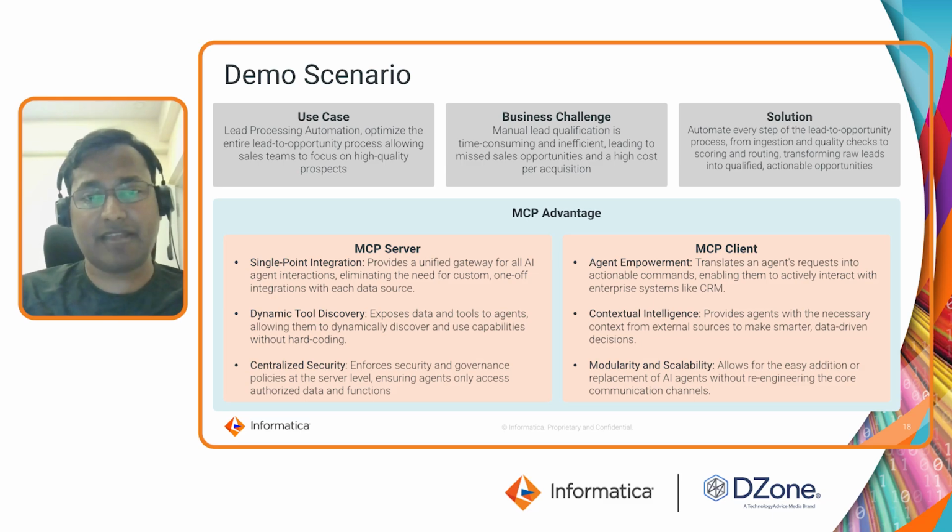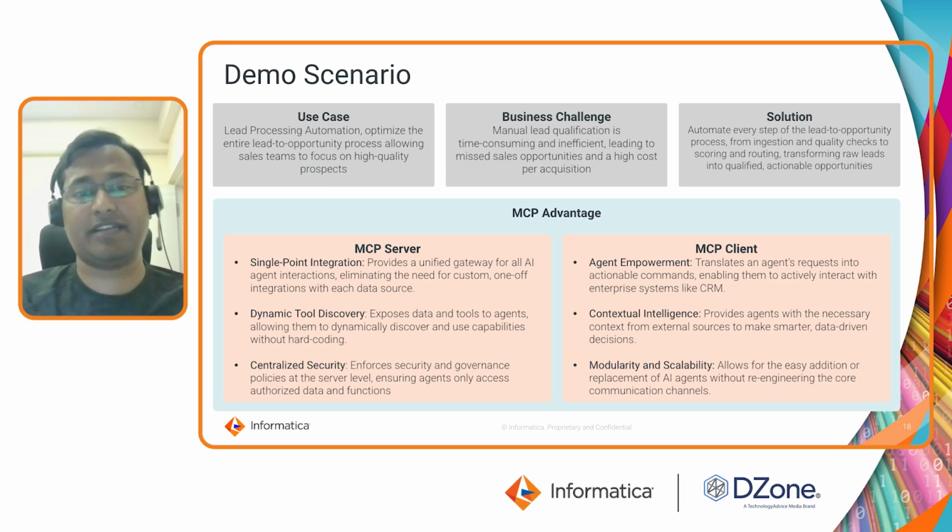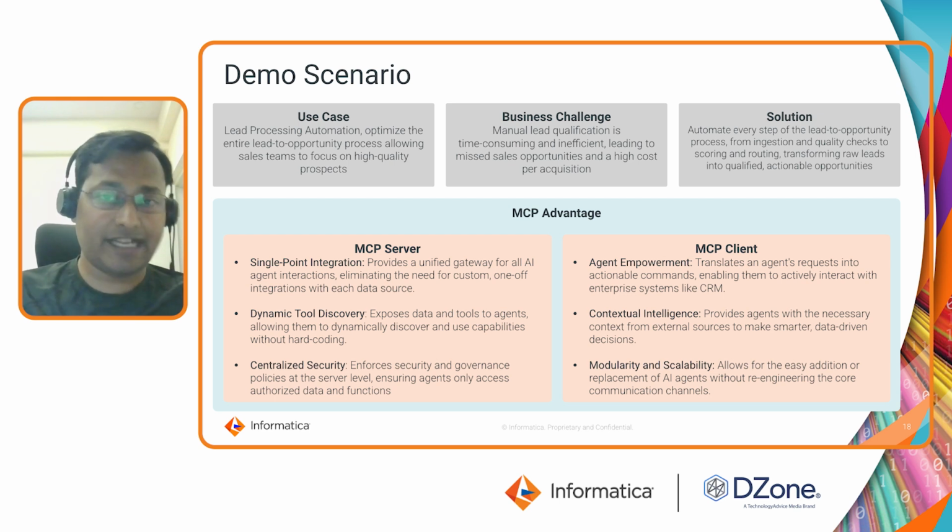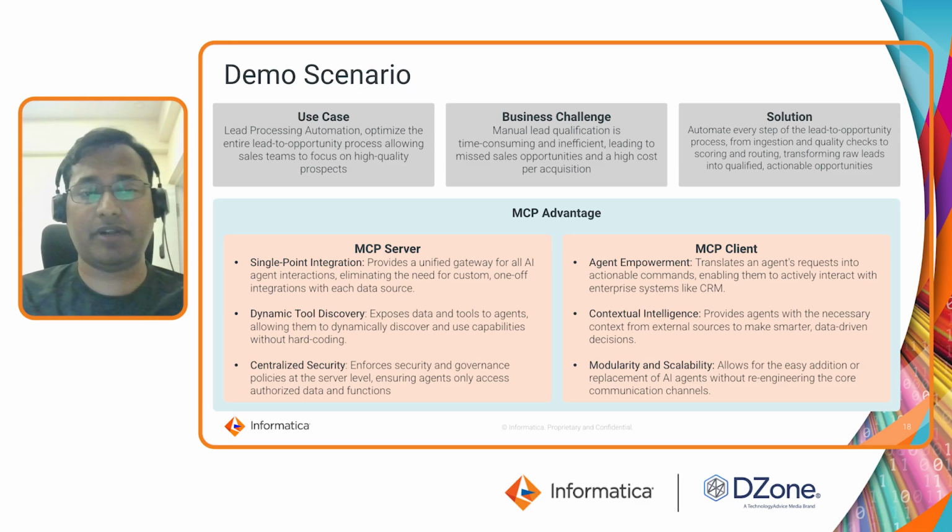The second part is dynamic tool discovery, which enables the interacting AI agent to automatically find the right tool set to use as and when required. And last, but not least, as you emphasized in your presentation, Vivin, security is of prime importance, and this also unifies the security layer because we can govern all those interactions with different policies and ensure that only the right person has the right access.